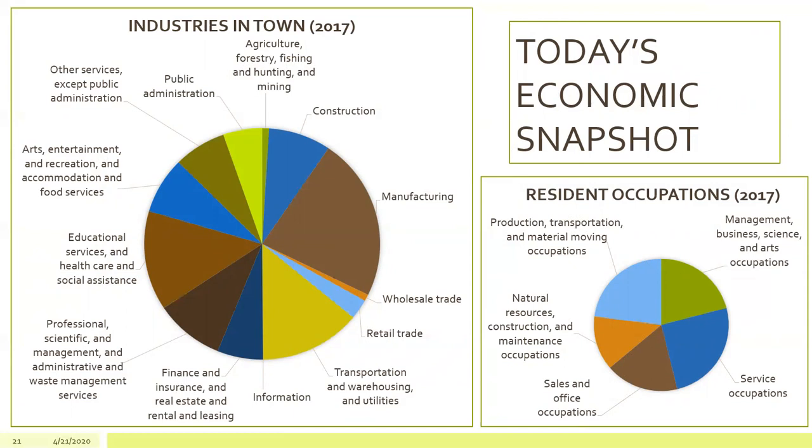You can see manufacturing on the left really jumps out as a large piece of that pie, and educational services, transportation, and warehousing are some other big pieces of the industries in town. And then on the right here, the two blue colors and the green, those three resident occupations are the primary parts of that as well.